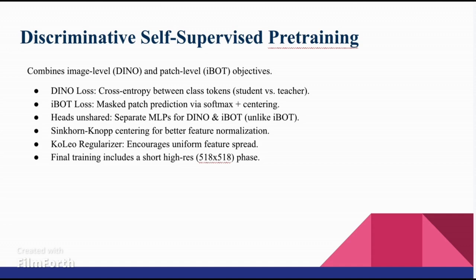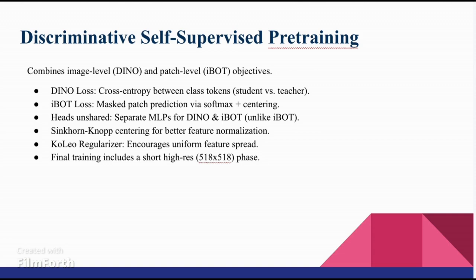And the second, they use the KoLeo regularizer, which encourages a more uniform feature space by penalizing clustering of samples. Here is the formula briefly for the KoLeo regularizer. It computes the log of the minimum pairwise distances in the batch and promotes spread out embeddings. This is important for retrieval and transfer learning.